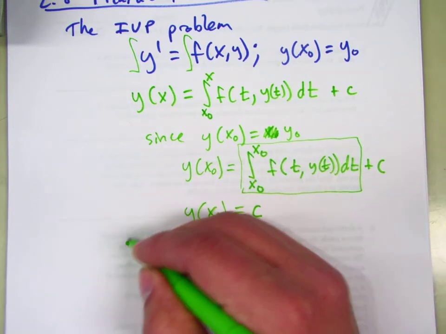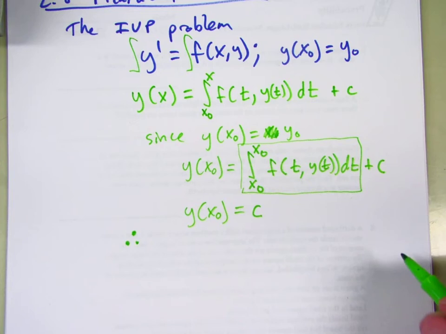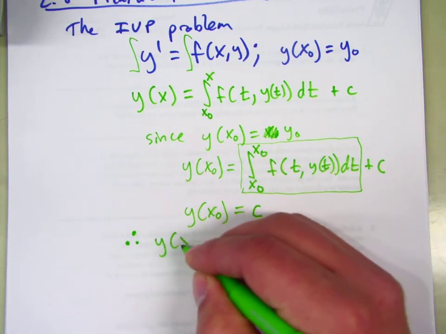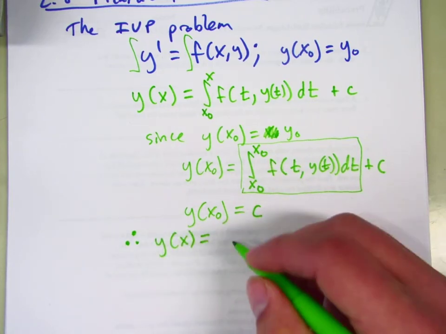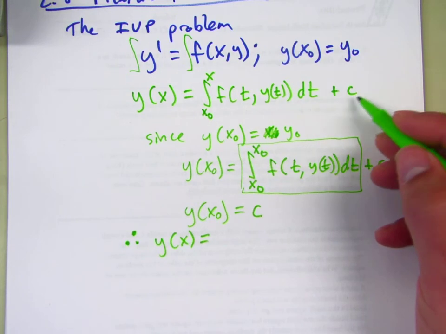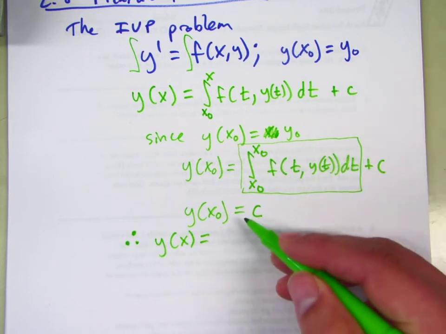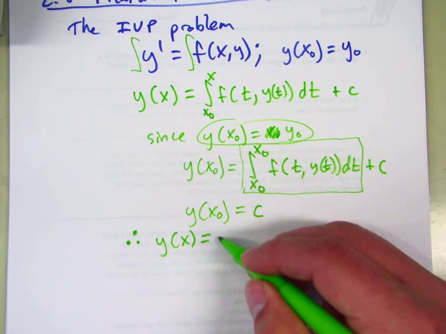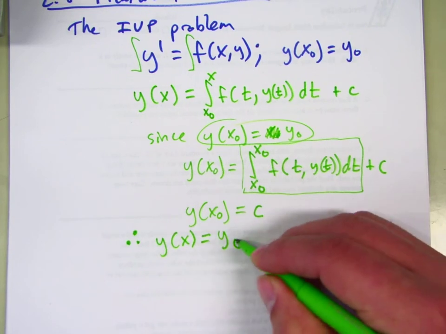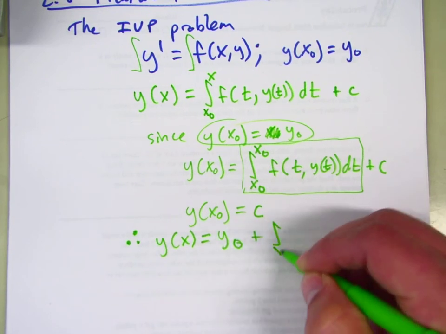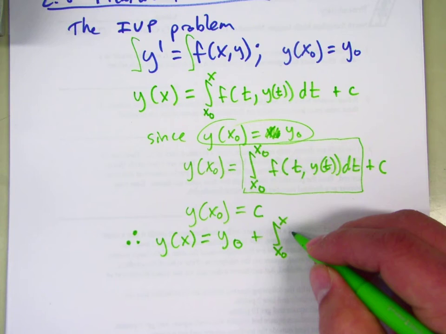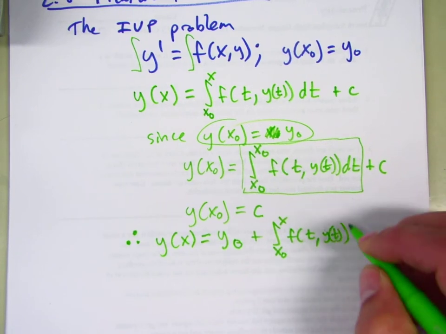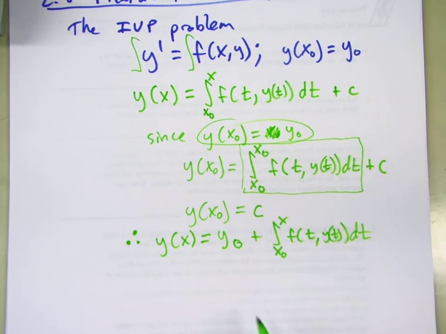And so now, if we rewrite our equation, we have the solution that y of x is going to be this constant, which we just showed is exactly the same as y naught, plus the integral from x naught to x of the function f of t, y of t, dt.